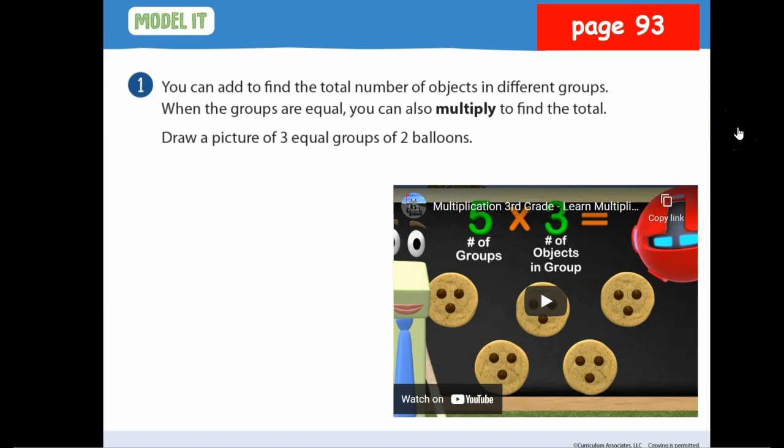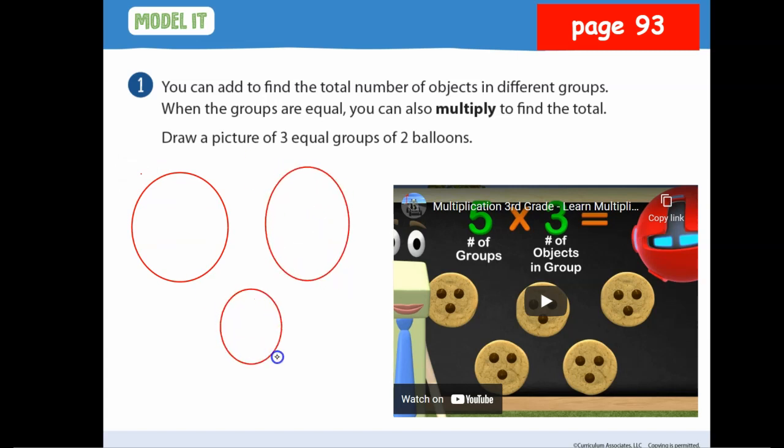So how many equal groups do I need? What does it say? 3. Okay. And how many in each group? 2.